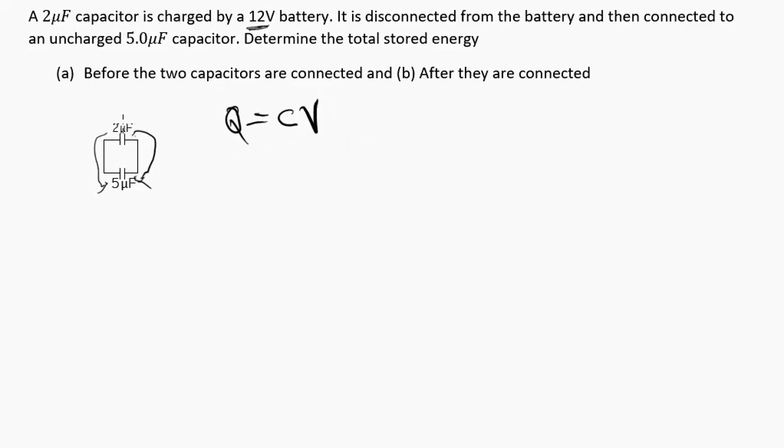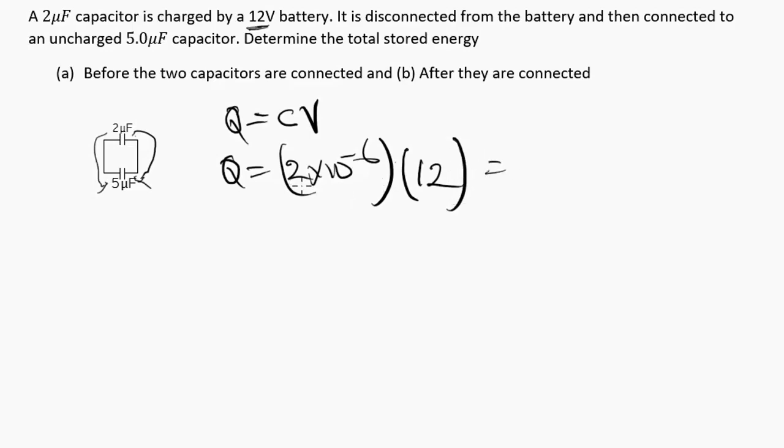And then the charge that the 2 microfarad capacitor has been able to accumulate will be given by Q equals 2 microfarad times the 12 volts, and this will give us 2 times 12 is 24 times 10 to the power of minus 6 coulomb, or you can just say 24 microcoulomb.